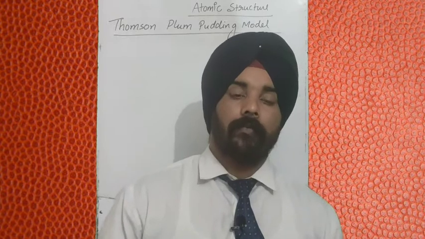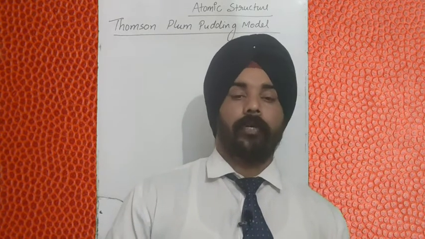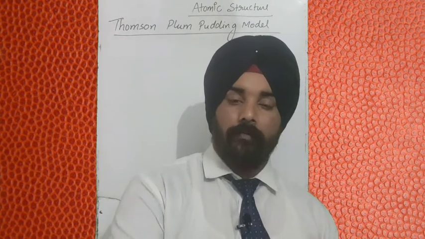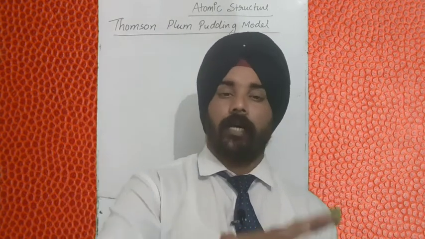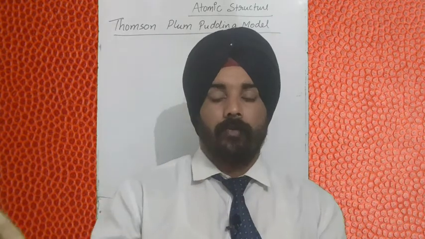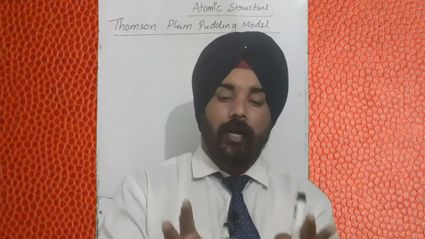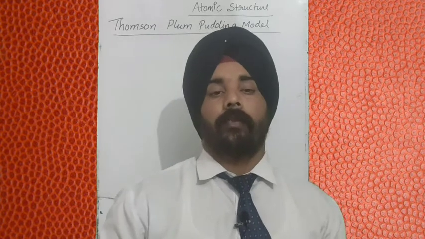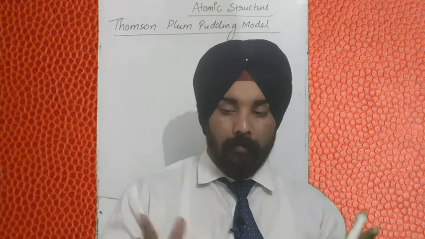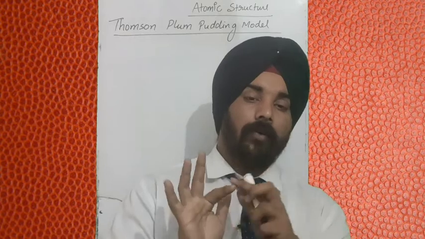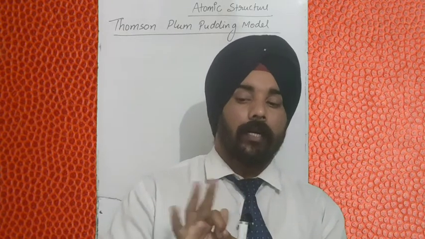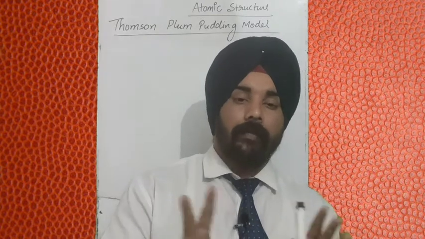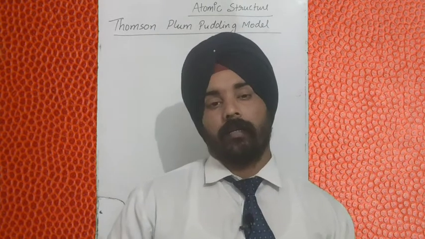So this was given first by Thomson's plum pudding model. So according to him, the mass and the positive charge are uniformly distributed over the atom, and the negative charge is embedded in it like the seeds are embedded in the watermelon. So keep this in mind, and two facts you have to remember. The first is that the mass is distributed all over, and second is that the atom is an electrically neutral particle.